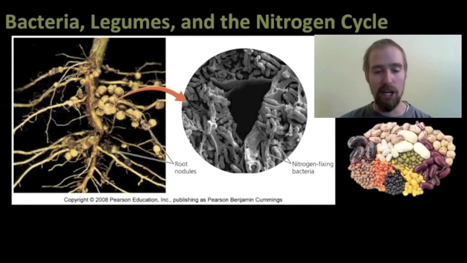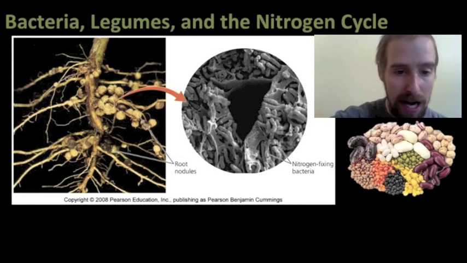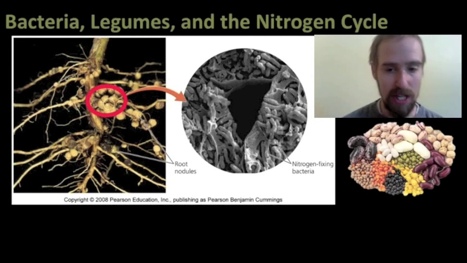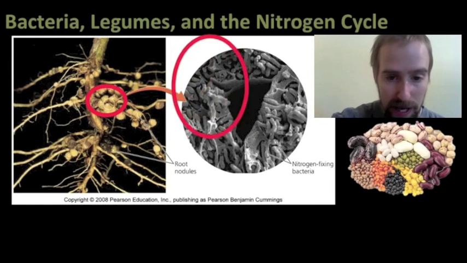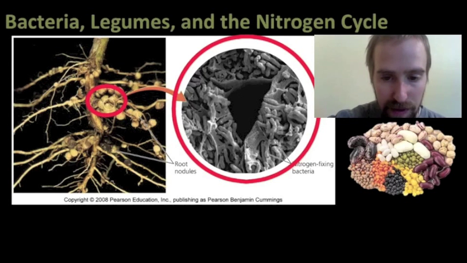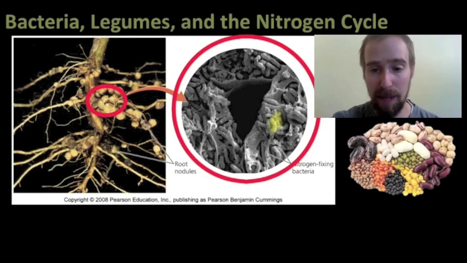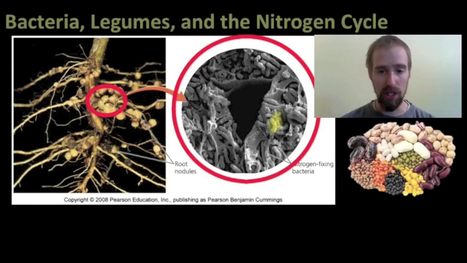So these legumes have a very special relationship with soil bacteria. And these soil bacteria actually grow in these little nodules on the roots that we can see here. And if we zoom in on them over here in this diagram, all of these little pill-shaped structures are those nitrogen-fixing bacteria. And they play a very important role in the nitrogen cycle.